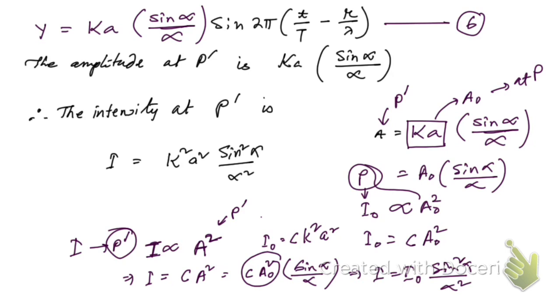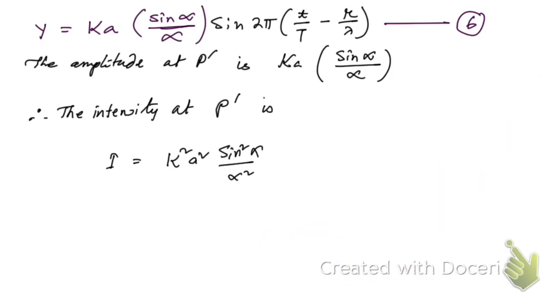So now let me clean these things, just wait. So here it can be written as I is equal to I naught sine square alpha by alpha square, right? Actually there is supposed to be a constant C. Okay, so that is a supposed constant, and this is replaced by I naught.